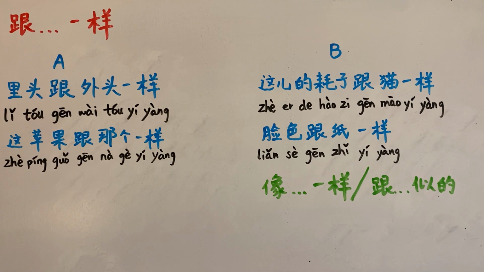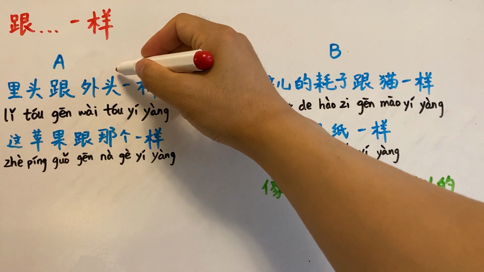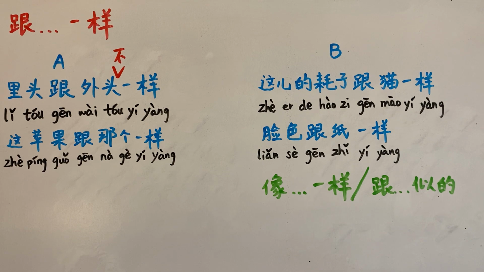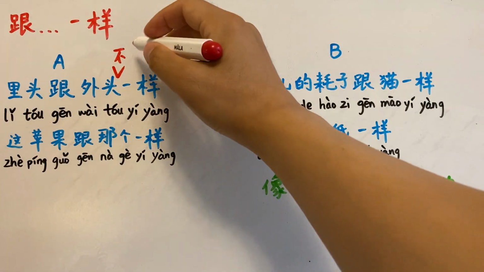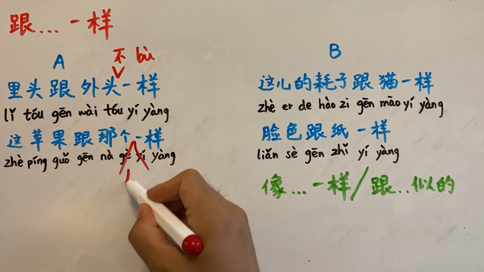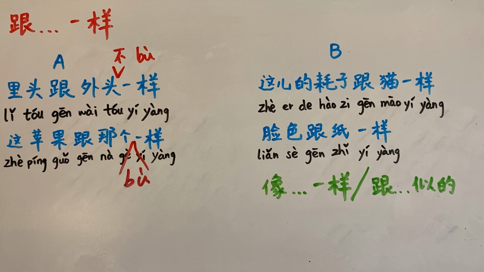So you can add this negative 不 here. 不一样, 里头跟外头不一样. So the inside is not the same as the outside. And just like this one, 这苹果跟那个不一样. So we can add 不 here. 不一样, right? This apple is not the same as that one.